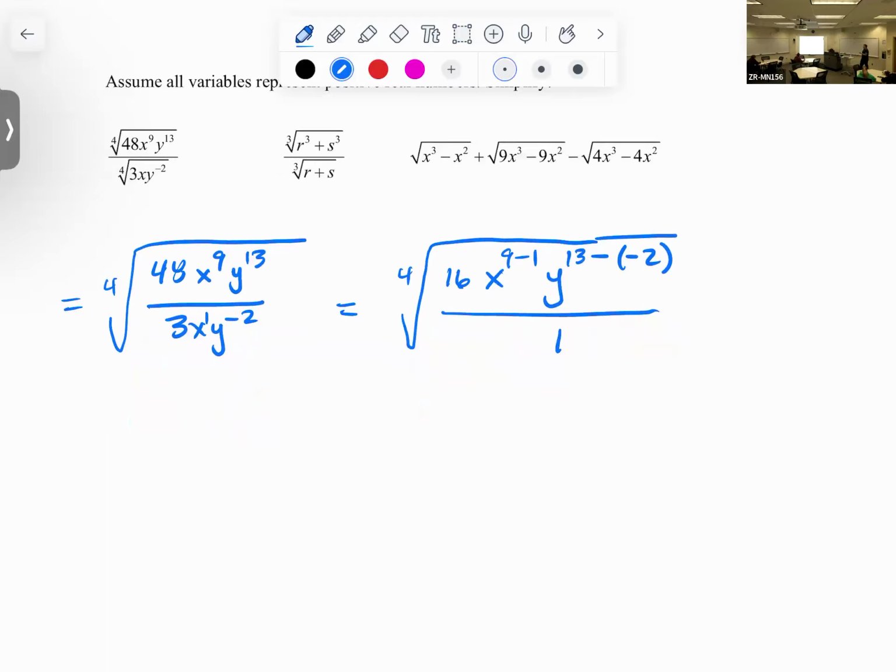Remember that, again, all you're doing is subtracting exponents when you are dividing them with the same base. Okay, so this becomes the 4th root of 16, x to the 8th, y to the 15th.